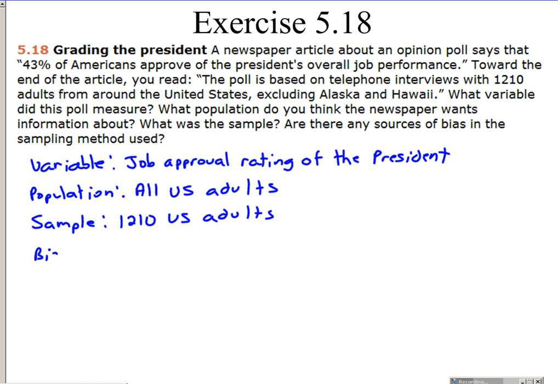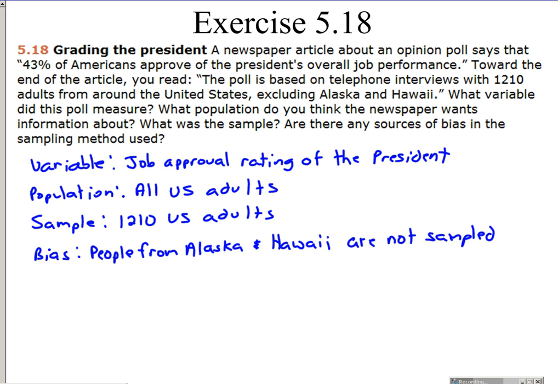And what's our source of bias? People from Alaska and Hawaii are not sampled. Another source of bias could be the ring no answer we just talked about, or people without telephones are not included.